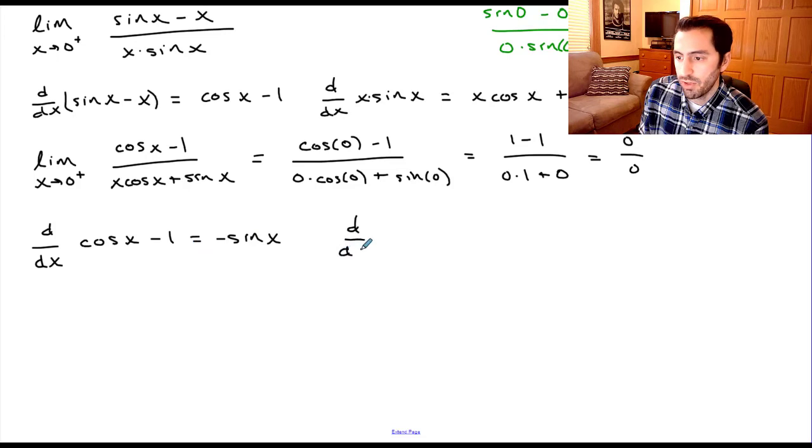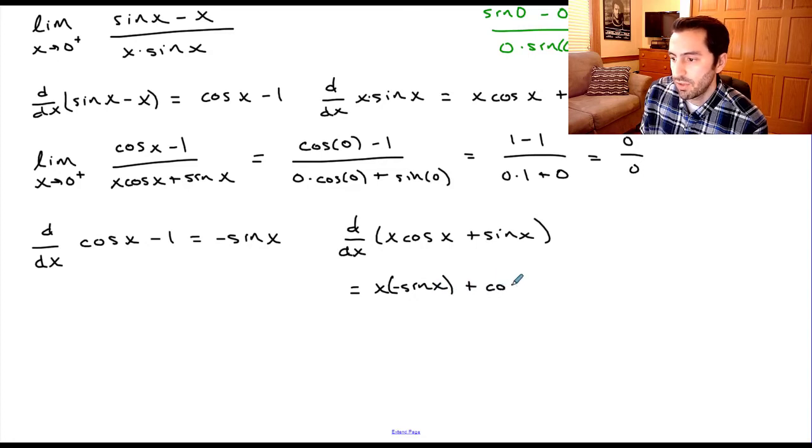And the derivative of our denominator, we have a couple terms here. So the derivative of x times the cosine of x plus the sine of x. So we got to use the product rule again. So the first times the derivative of the second. So x times the negative sine of x plus the derivative of the first times the second.